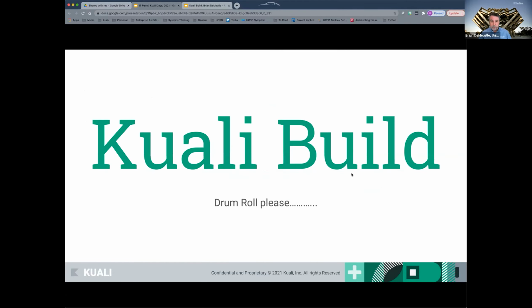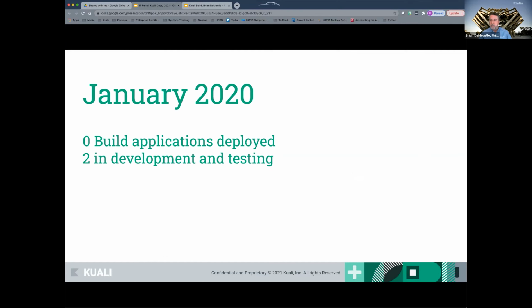So enter Kuali Build. We were trying to identify a component to disincentivize this distributed development, which was the need for what we were at that point calling a universal workflow tool. It would provide a low code, no code platform to allow the entire organization to move away from this lightweight application development and to be able to share these applications with other groups across the organization.